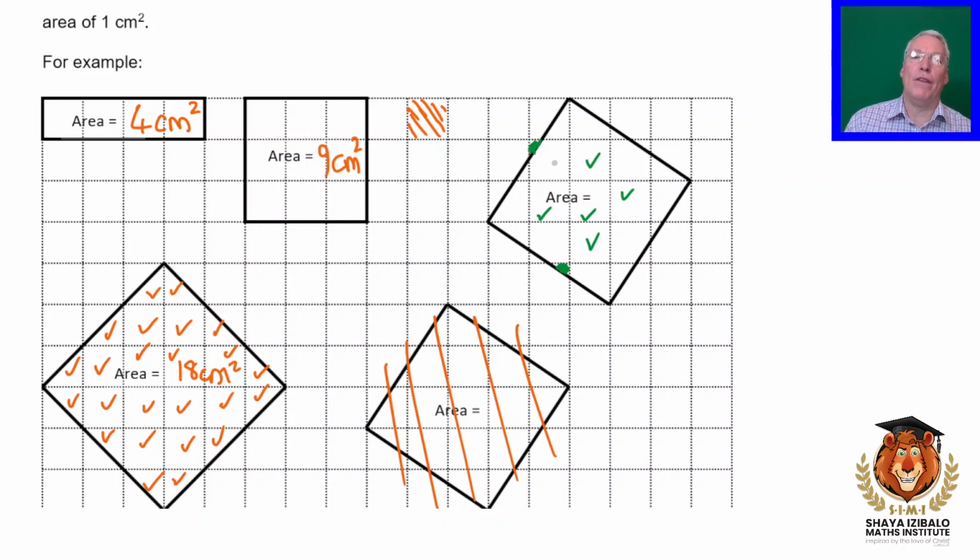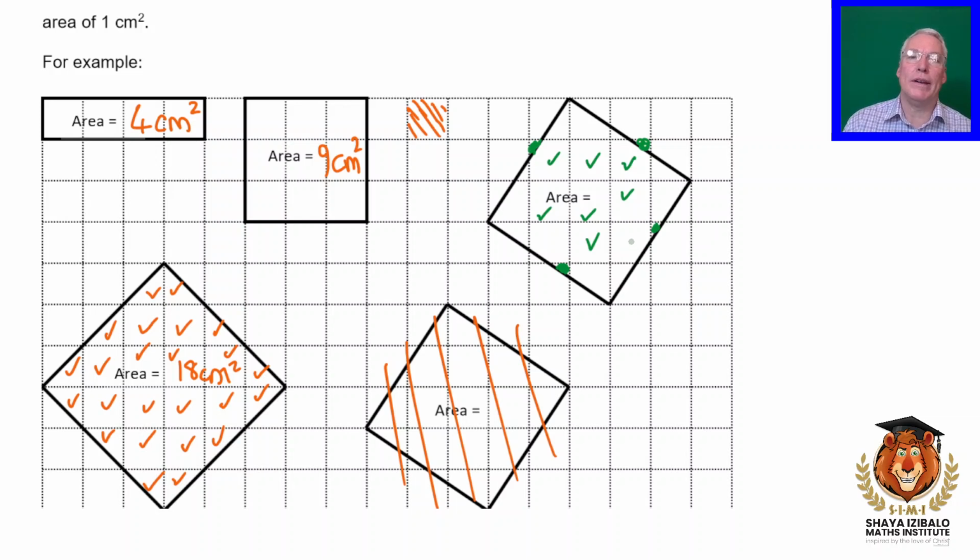So we're going to count this as a whole one, because we counted that little piece to make up for that piece. And the same over here. This one is just short of that little piece, but that little piece that's short we're including over here. So we're going to count all of the ones that we've ticked as whole ones.